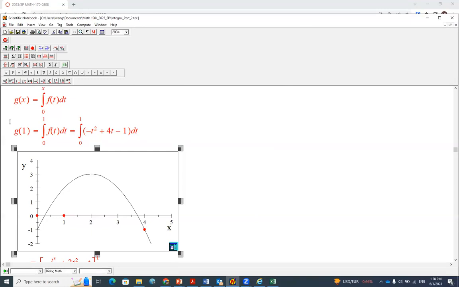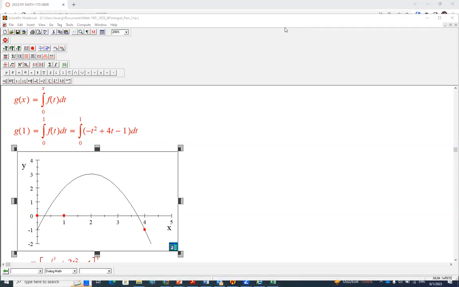What it means is that G of 1 is the area between the curve and the x-axis. So it covers this area and that area, and of course there's cancellation. So G of 1, from 0 to 1, is the sum of these two shaded parts.